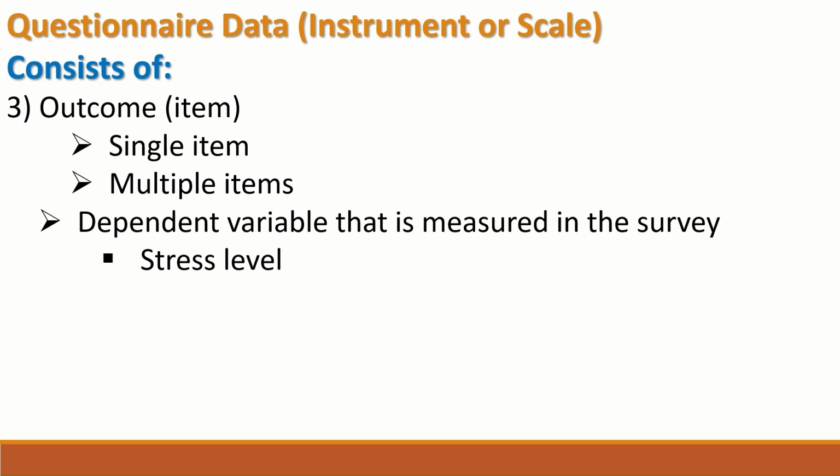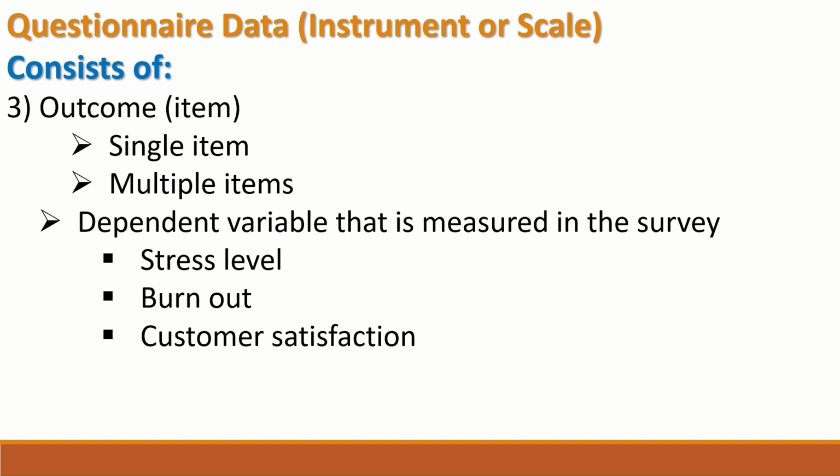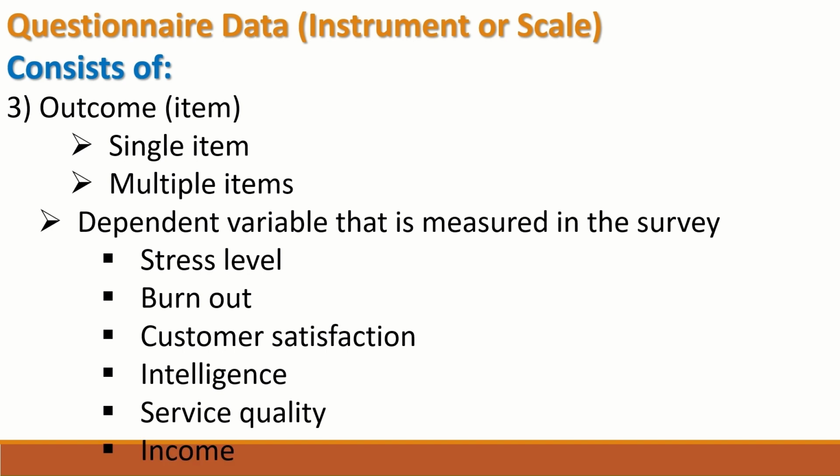Variable examples are given here, such as the stress level, the burnout, the customer satisfaction, the intelligence, the service quality, and the income, and so on. So the major parts of the questionnaire are the demographic data, the items, and the outcomes.